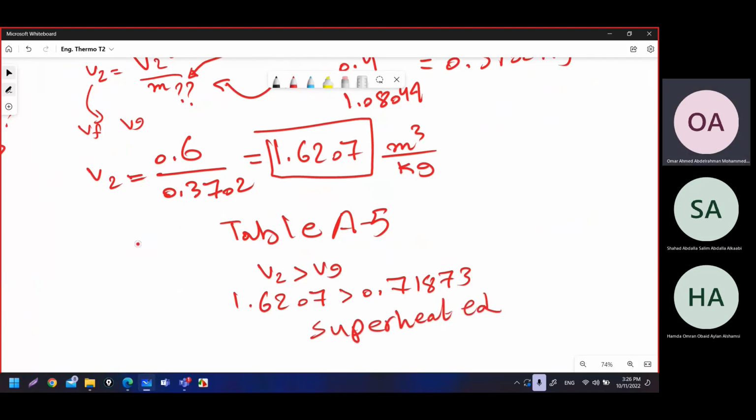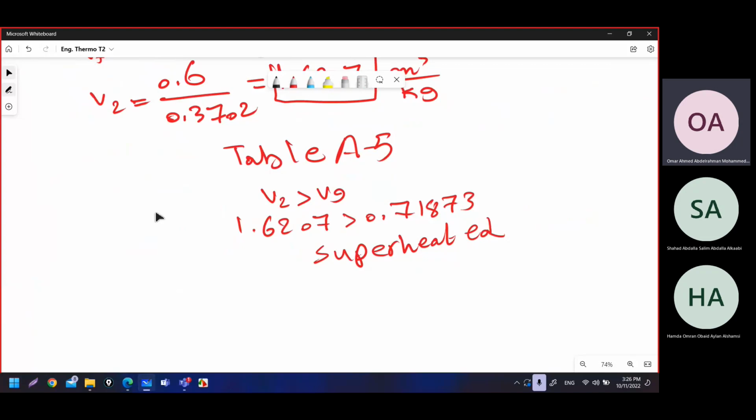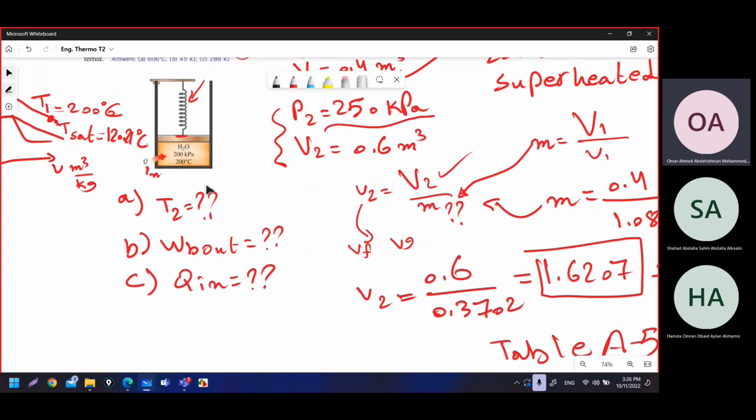So I will use table A6 in order to find the temperature, which is what is required from me in this question at part A, because now I have P2 and I also have small v2. I can use table A6 in order to find T2.